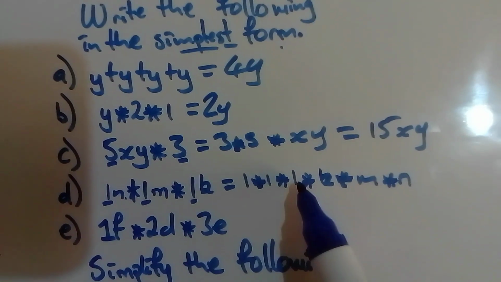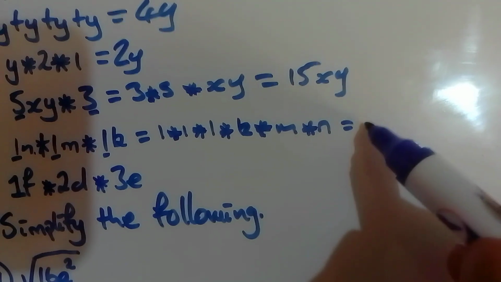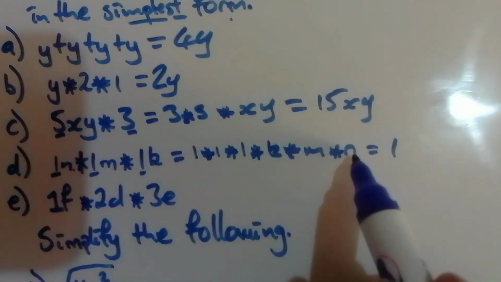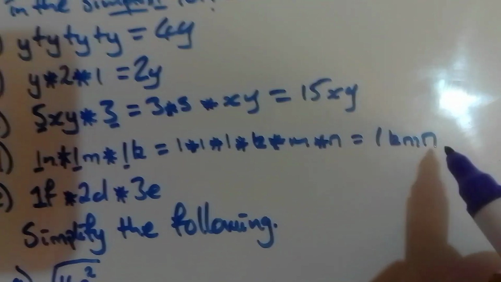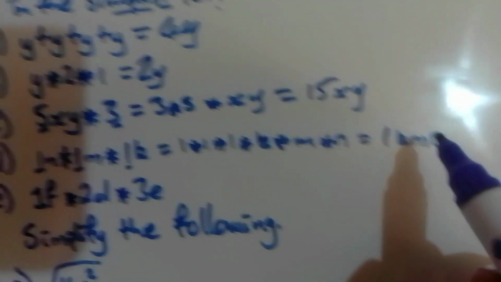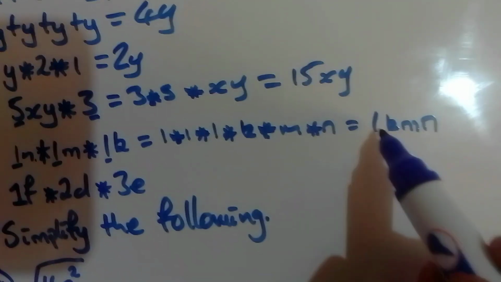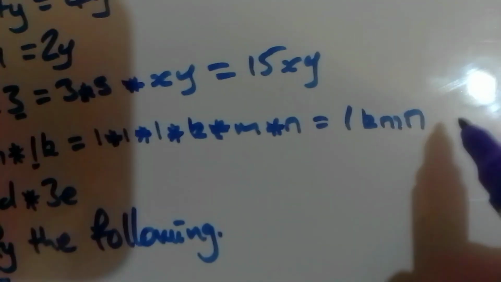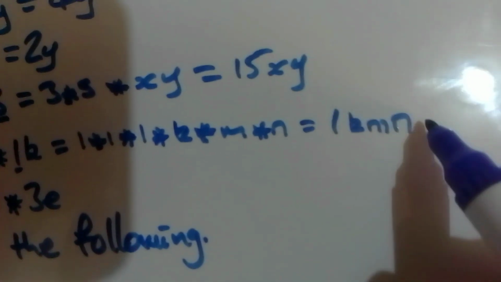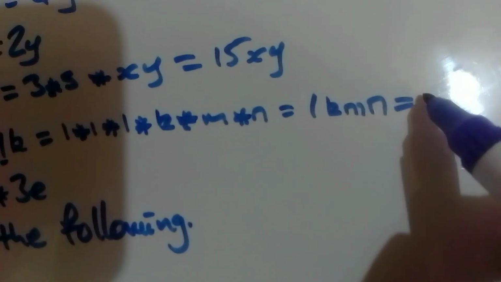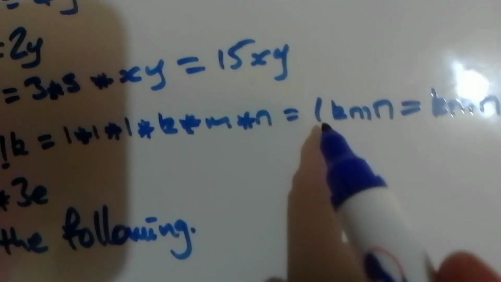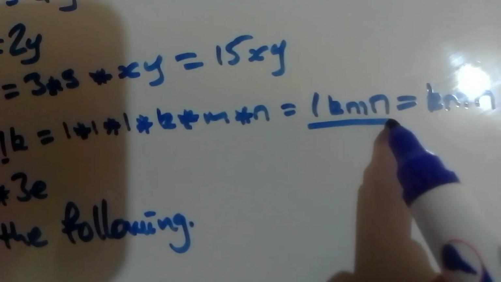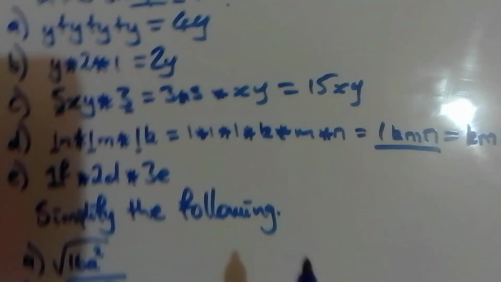So 1 times 1 times 1 is equal to 1. So we write 1. Then kmn is the answer because all these letters are not identical. So 1kmn is the answer, but the 1 is written as invisible.